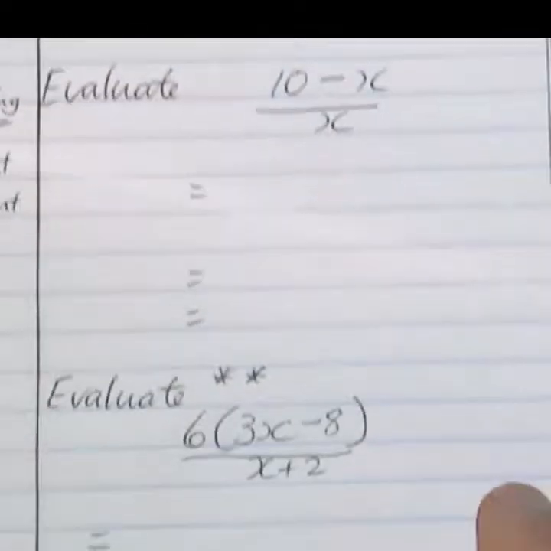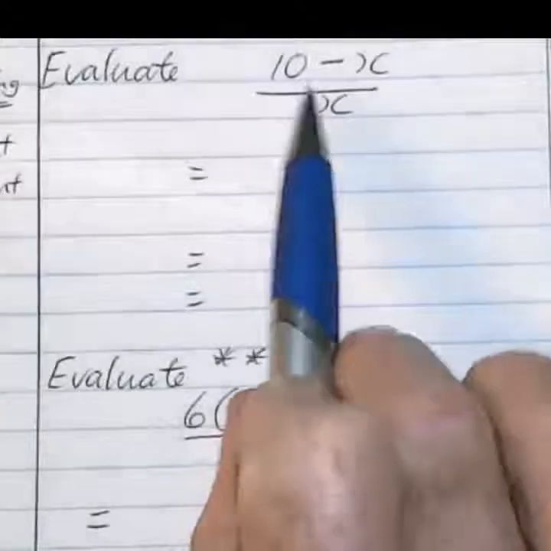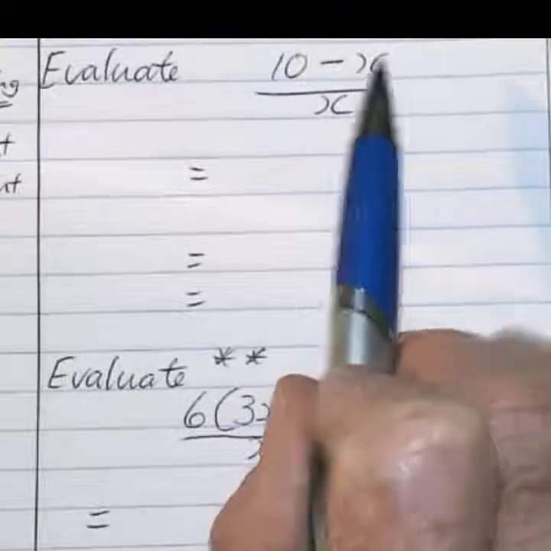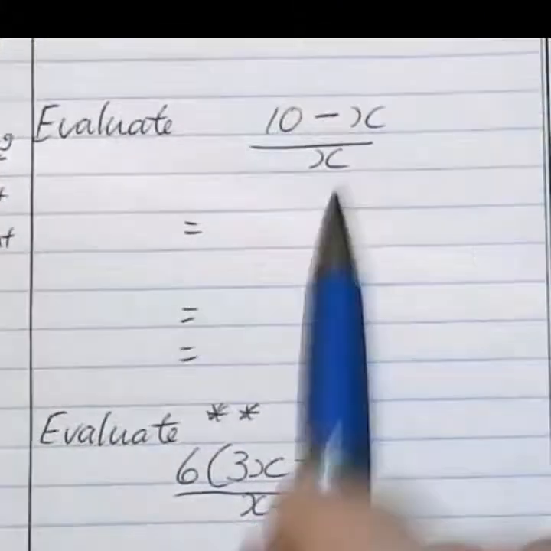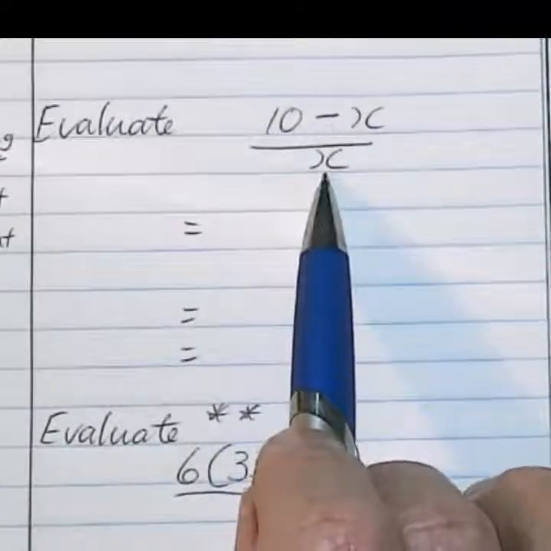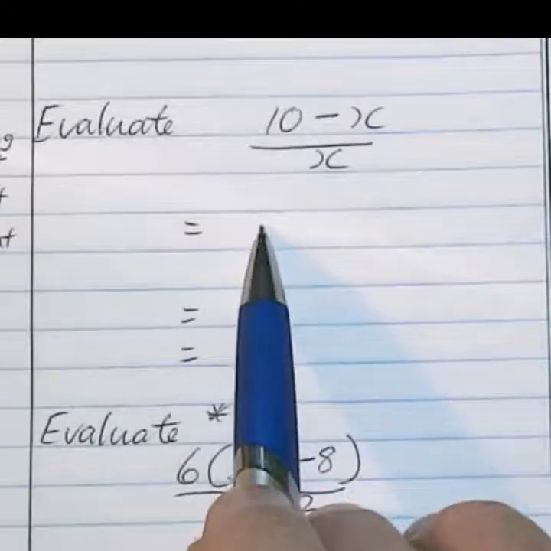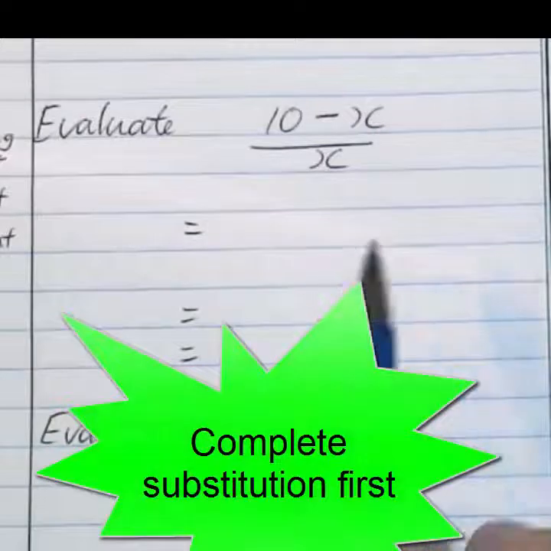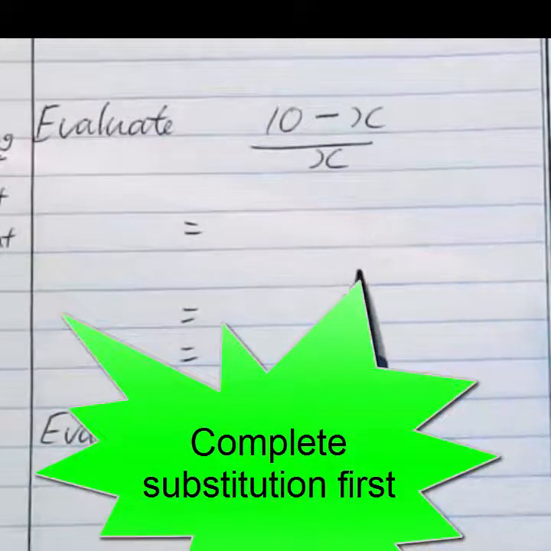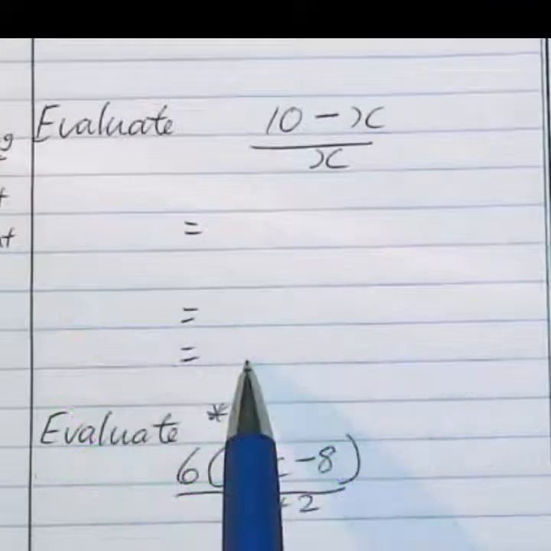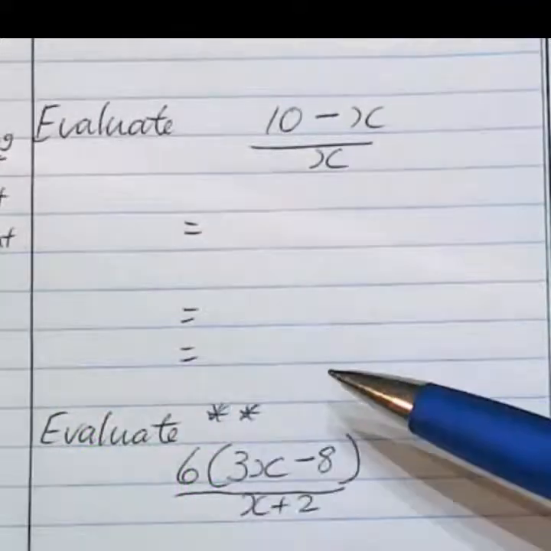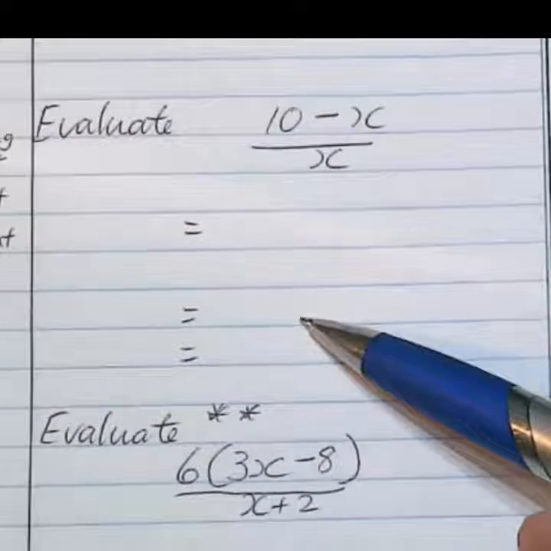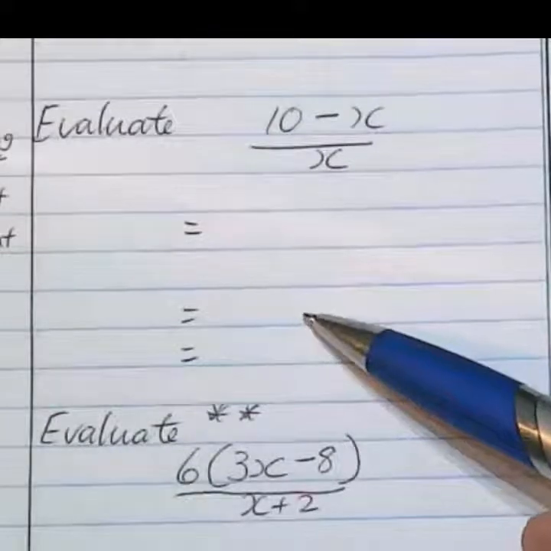Another one for you to do, stepping up again, evaluate 10 minus x over the top of x. My first line is to set it out with substituting. Hang on, what is the number I put in instead of x? Do that. It will take several lines to set out and complete your working. Even if you can do it in your head, follow along with your setting out steps. If you're not sure, go back to my couple of examples.